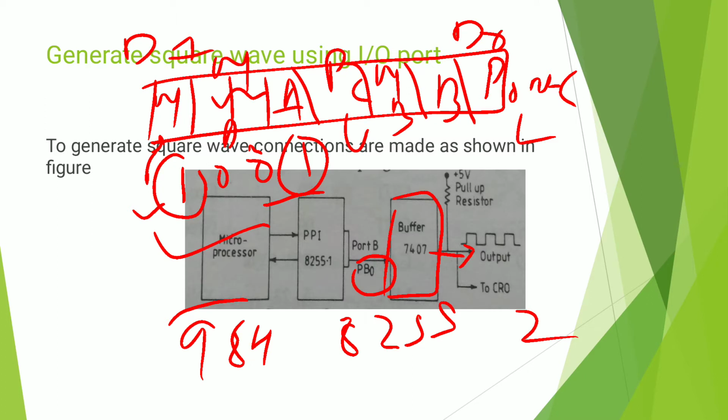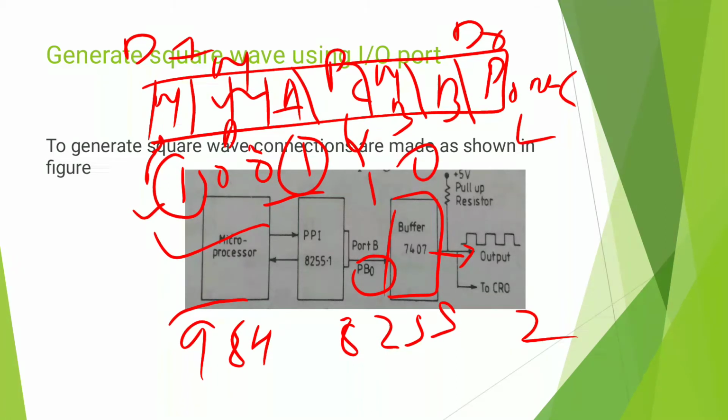Here the aim is for port B to act as an output port. So this one is port C upper. Port C upper is in group A with port A, so this one is also 1.